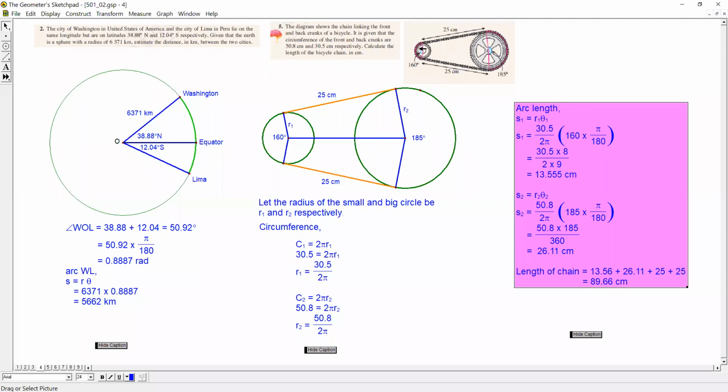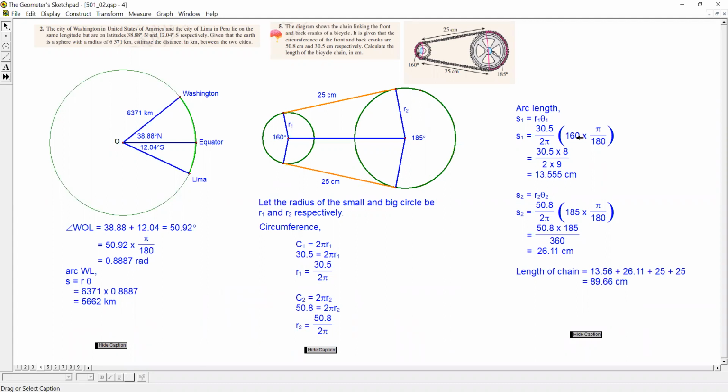For the small circle, the arc length is S1 equals R1 theta 1. R1, you remember just now I told you don't simplify, just leave it as 30.5 over 2 pi. Then the angle is 160 degrees.